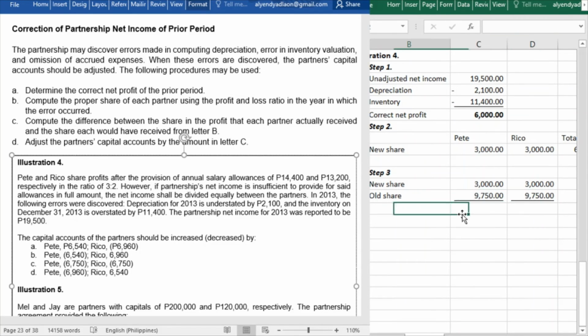Okay. So how much is the difference? For Pete, that is 6,750. And for Rico, the same still, that is 6,750. So what is the adjustment? Since the new share was only 3,000, while the old share was 9,750, then we have to deduct from their capital account balances.